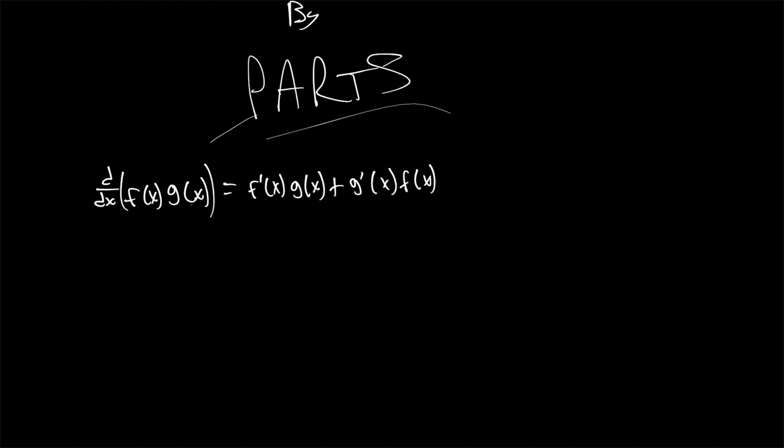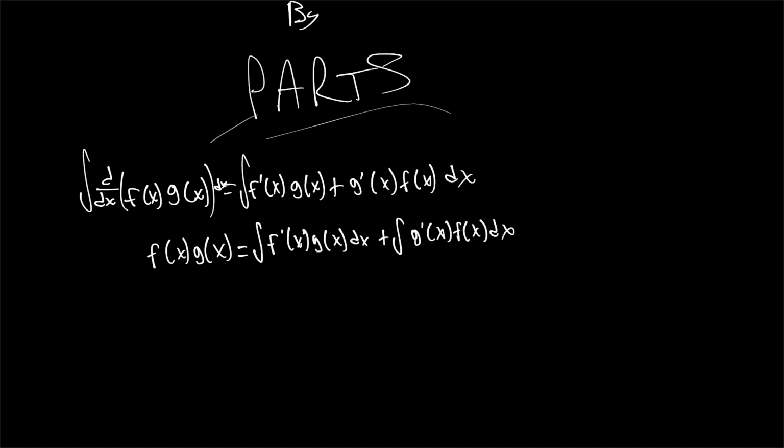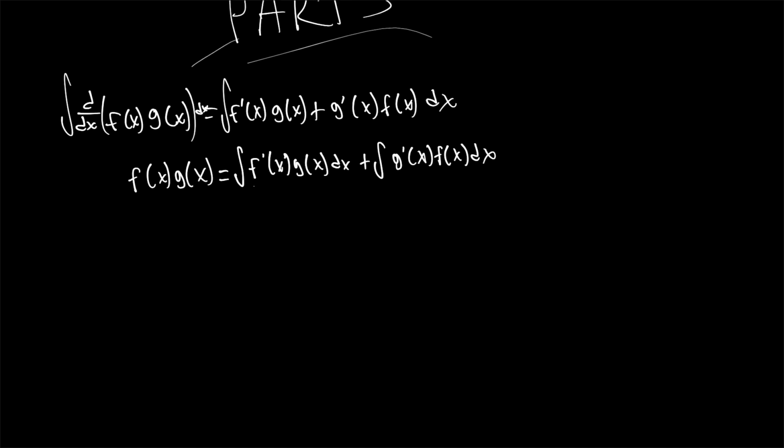And now we're going to integrate both sides of these with respect to x. And we're going to get something that looks like this. And the beauty of integration by parts is we can basically take one of these integrals to the other side of the equation and define our functions, because our functions have not yet been defined.